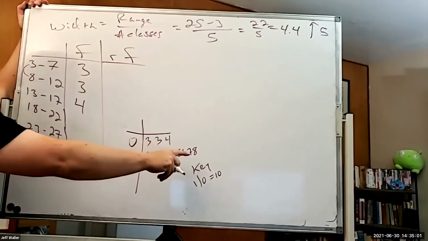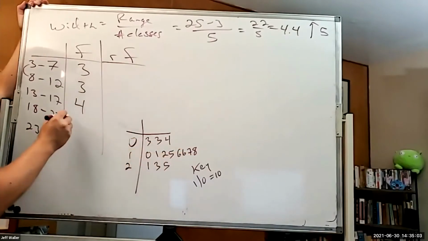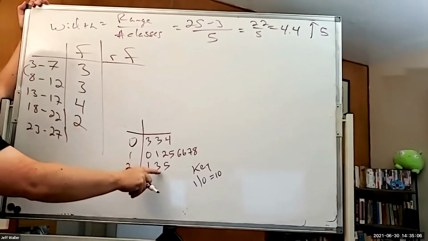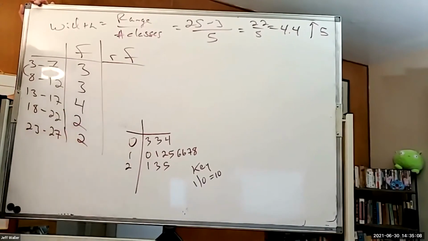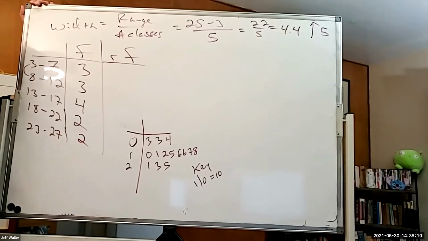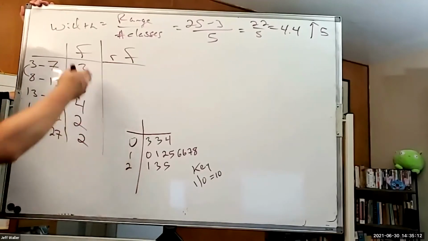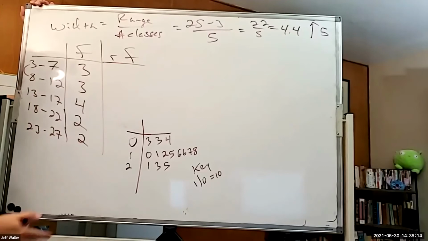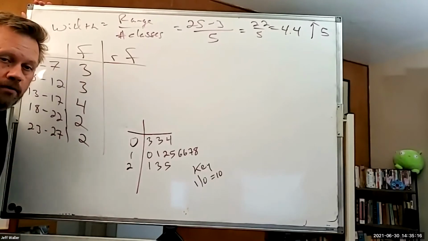And 18 to 22 looks to be 2. 23 to 27 looks to be 2. A small set of data is going to make for kind of a boring histogram, but oh well.